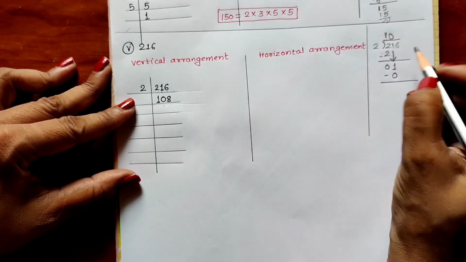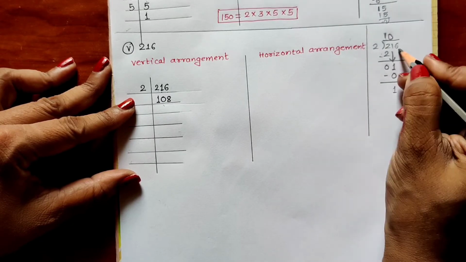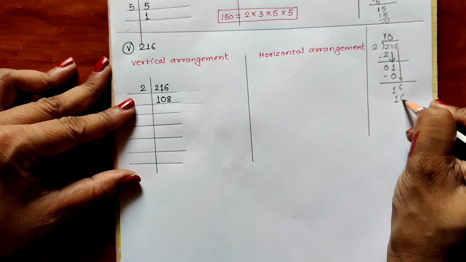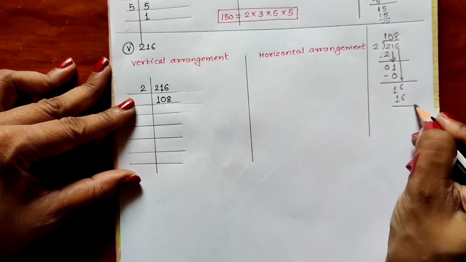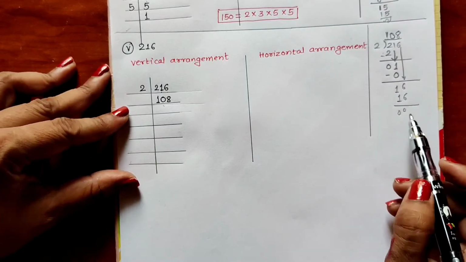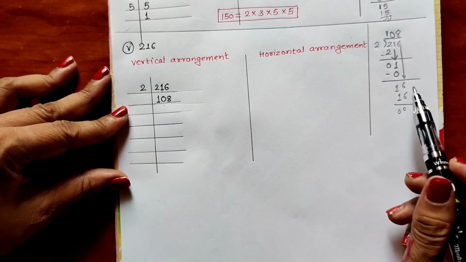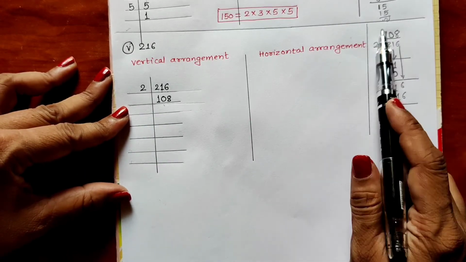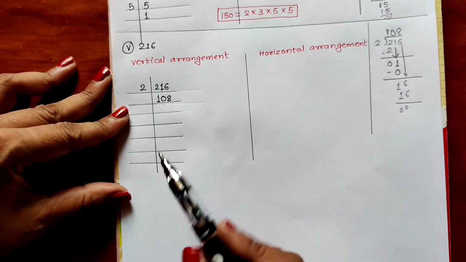Here also 0. 1 minus 0 is 1. Then we write down this 6. And we got 16. 2 8s are 16. In this way we have to do the division. We have been doing the division from our second and third standard also. So the answer is 108. This 108 we have to write here.